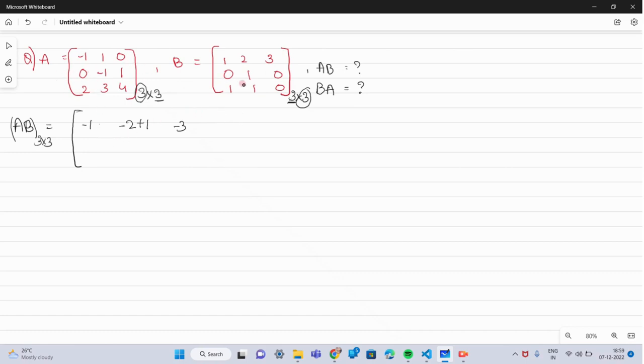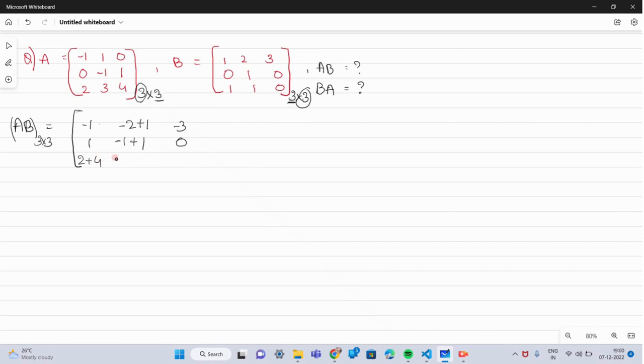Next second row with first column. Multiply 0 and this will also become 0 and this will be 1. Next 0, it's minus 1 plus 1. Next again 0, 0, 0. Next third row with first column, 2 plus 4.